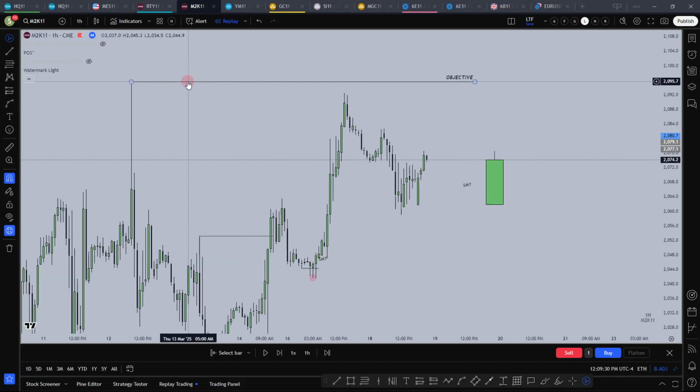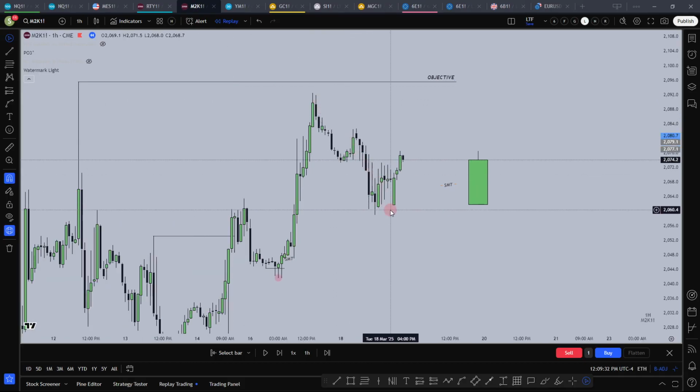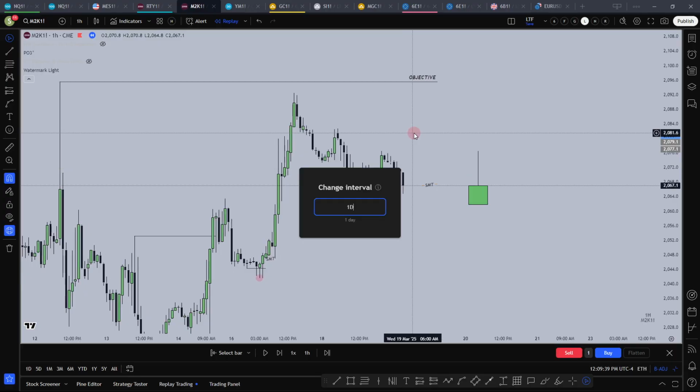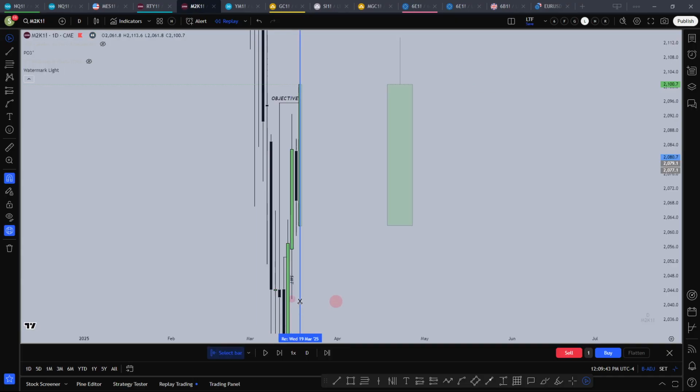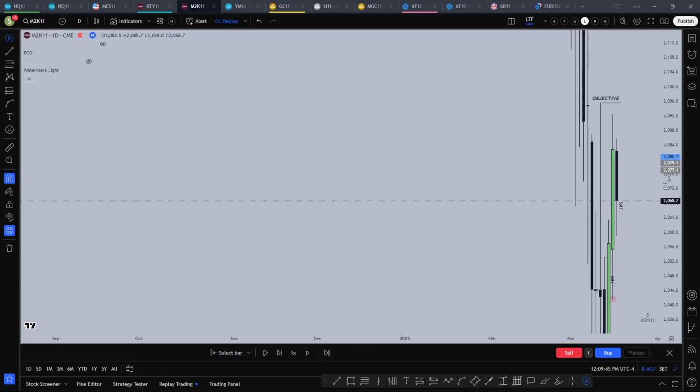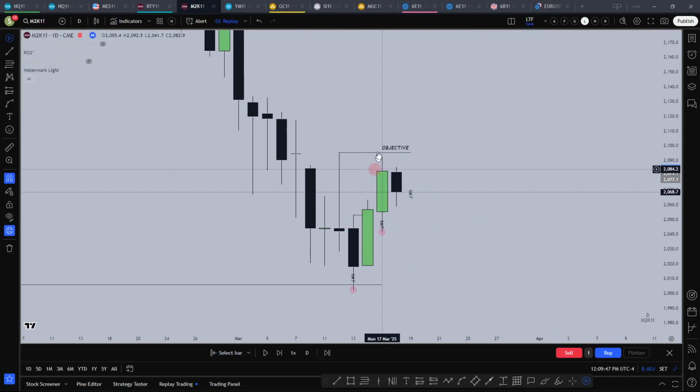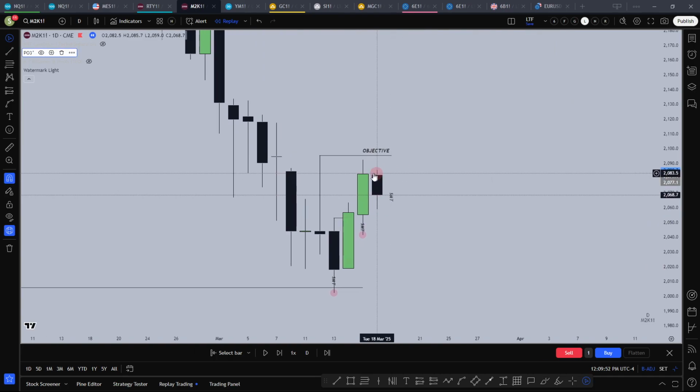Okay, still the objective is pending. With this, I would frame this move lower as a retracement, right? So the next day bullish, we can look onto the daily chart. Price came there, came back. I would frame this move lower as a retracement and not a reversal.